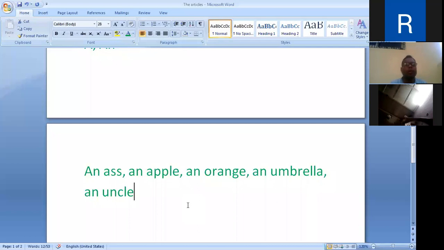So an is an article which is used before a word beginning with a vowel sound.